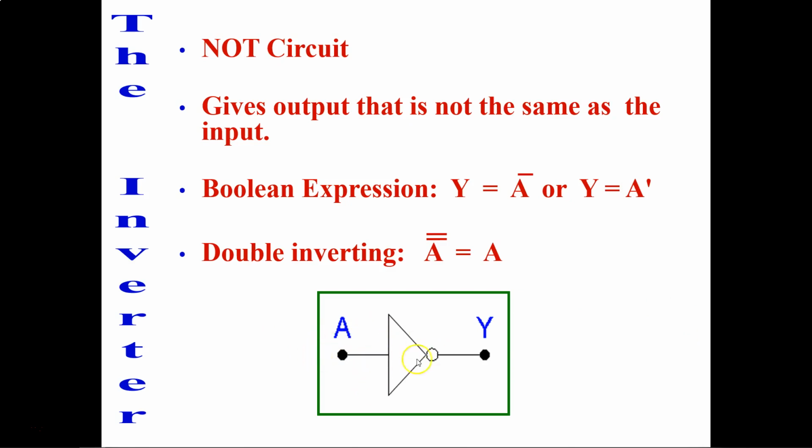With two NOT gates, you get the same input. With one single NOT gate, you get the complemented output of the input. So we got this thing that when you have the double complement, you get the same thing.